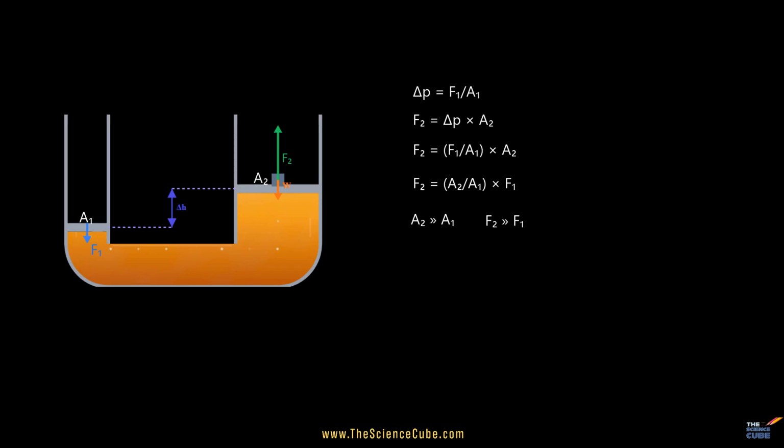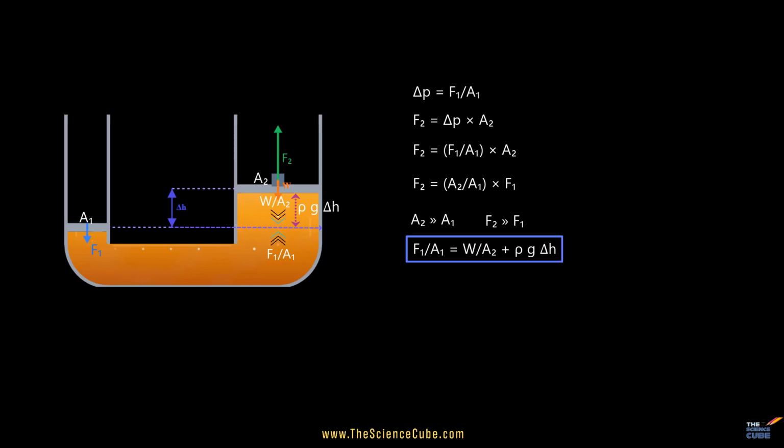So, if we consider this level, here the upward pressure should equal the downward pressure, or F1 upon A1 should equal W upon A2 plus rho g delta H.